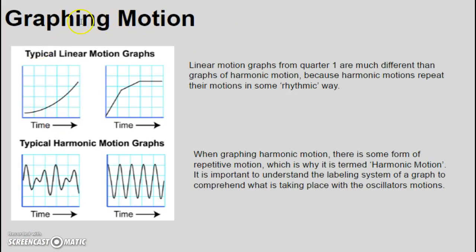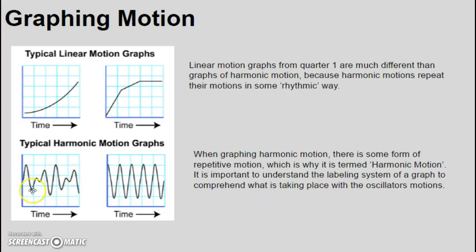So we've graphed motion throughout the year. Typical linear motion graphs. So here we've said that this object here, the slope is increasing, so is its speed. Here we would say that there are three segments, each traveling at constant velocities. Steeper would be faster, slightly slower, and this one here would be stopped. Whereas a harmonic motion graph would be these patterns that are oscillating about an equilibrium position.